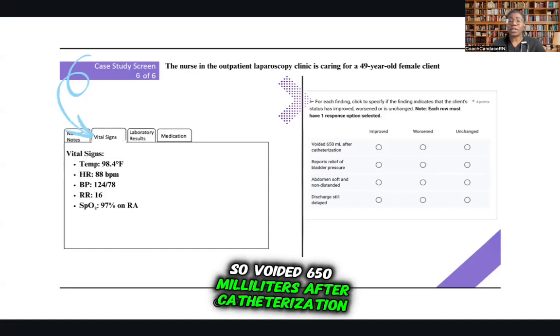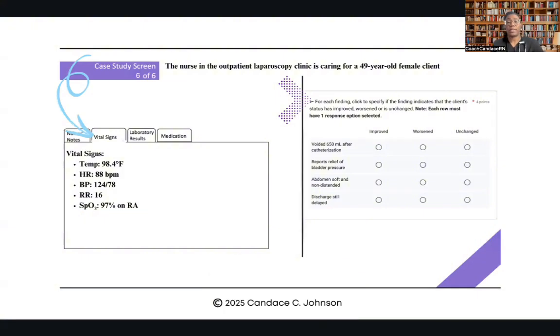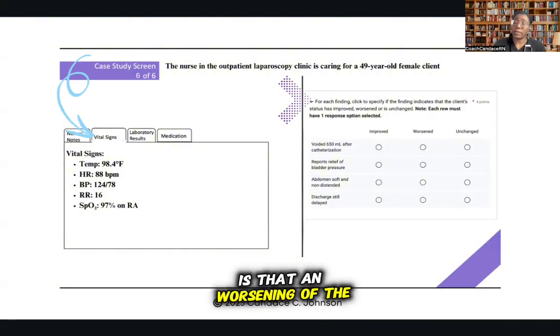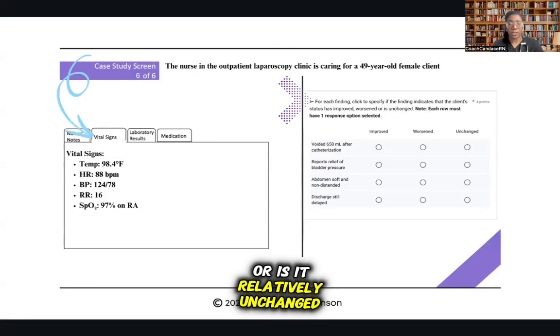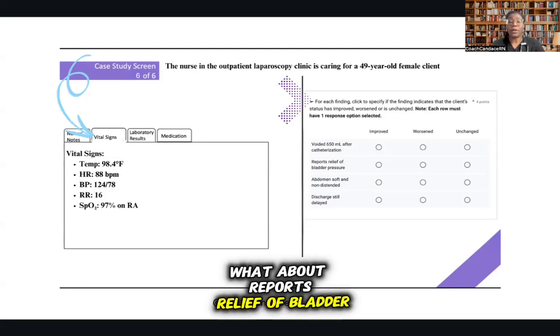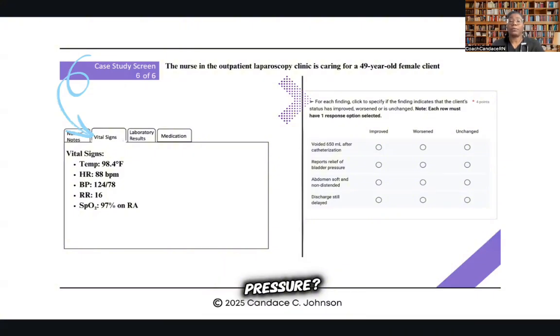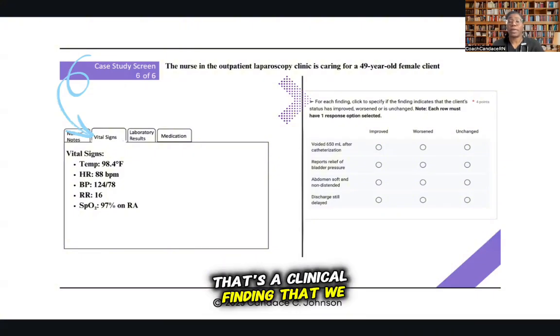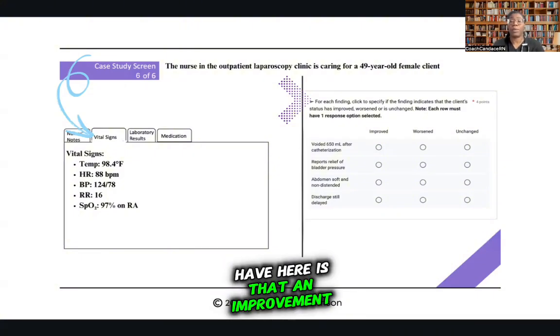So voided 650 milliliters after catheterization. Is that an improvement? Is that a worsening of the patient situation, or is it relatively unchanged? What about reports relief of bladder pressure? That's a clinical finding that we have here. Is that an improvement?